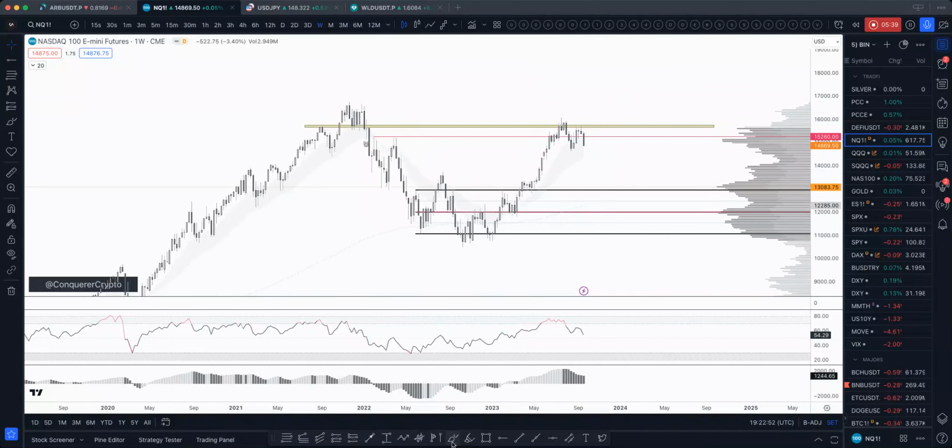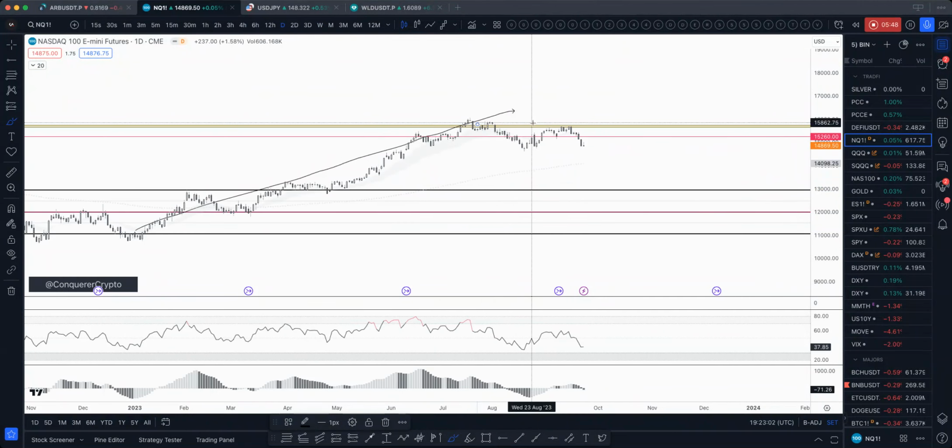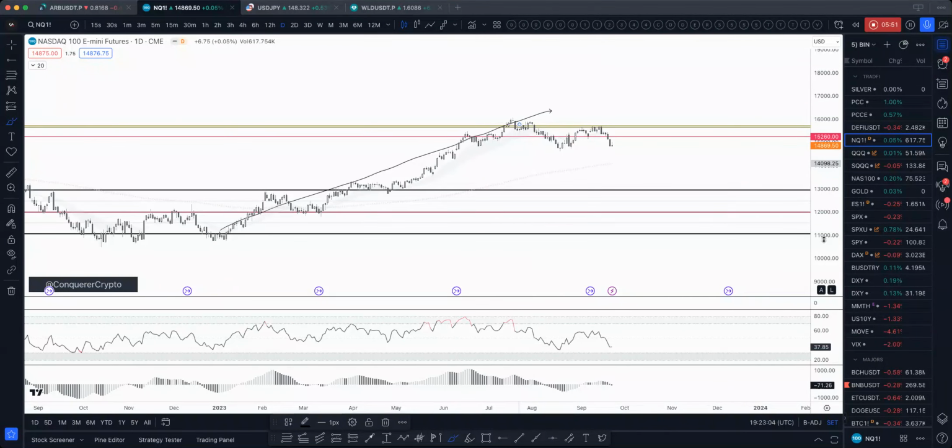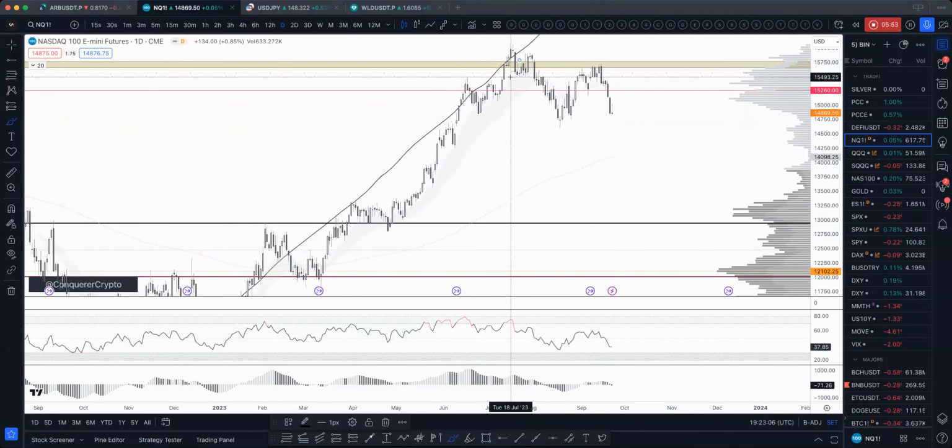First of all, for the first time during this time, now let's switch to daily. For the first time, we have the low broken, right? These lows have never been broken before, right?